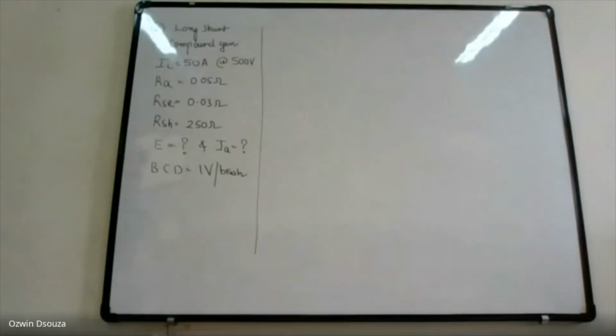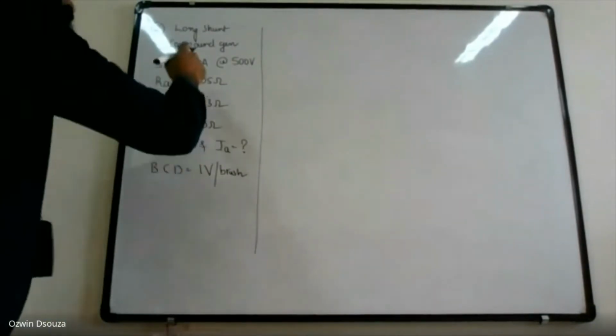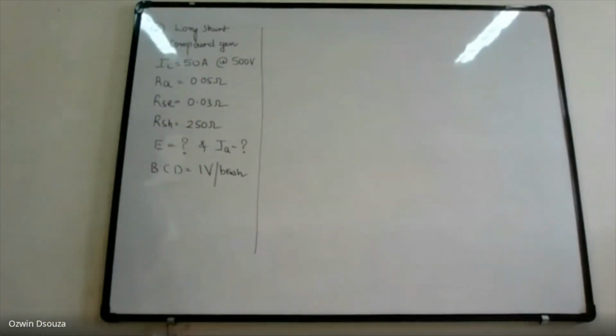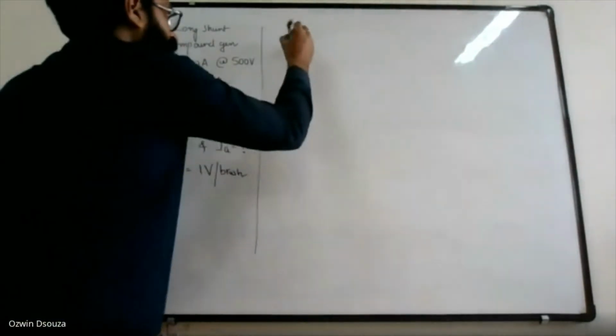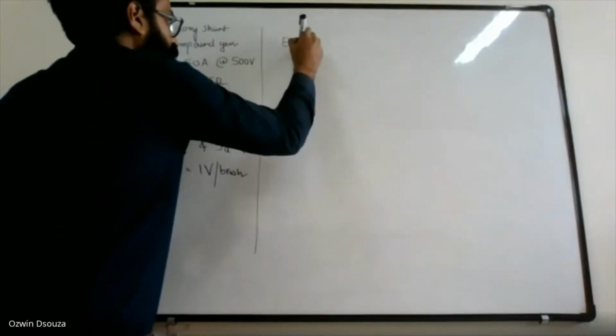So this is the given problem data. It's the case of a long shunt compound generator, so let us draw the equivalent circuit.